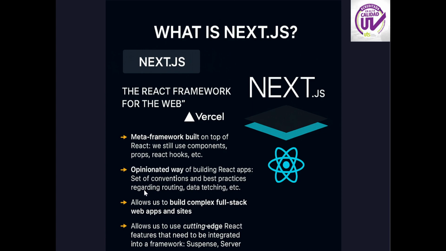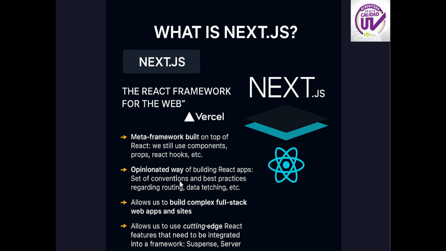So, things like routing, data fetching, and a bunch of other stuff that we'll see very soon. Because of this, we say that the framework is opinionated, yes? Opinionated way of building React apps, set of conventions and best practices regarding routing, data fetching, and etc.